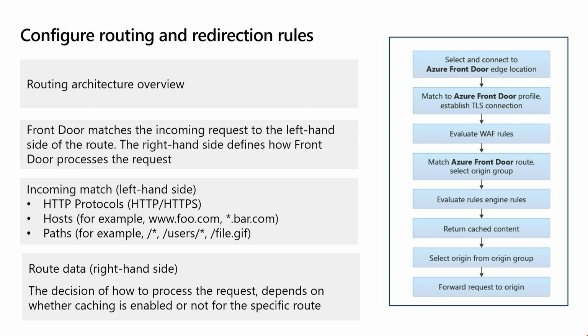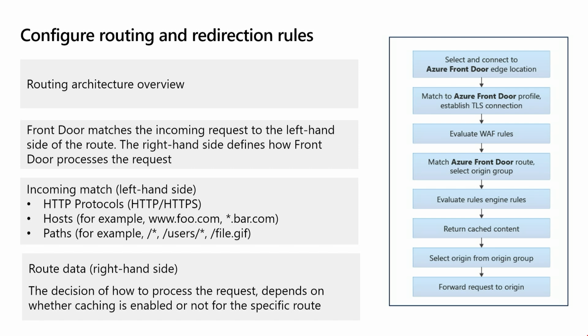We can also get information about the sort of thing that they are requesting, what particular site, what URL, maybe subpath data as well. Once we have that, we establish a TLS connection directly from the user straight to the front door itself. So this is where we are establishing that secure connection to send data.